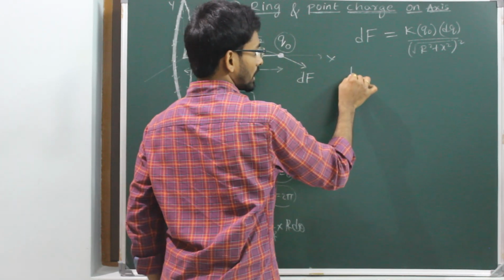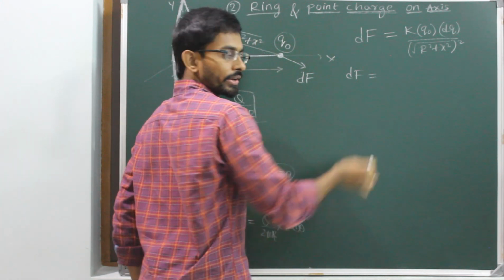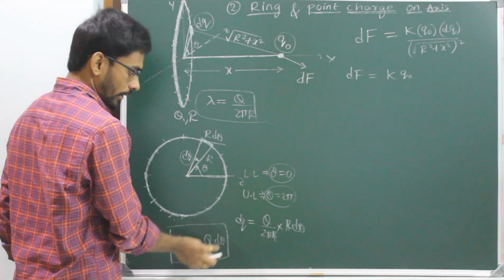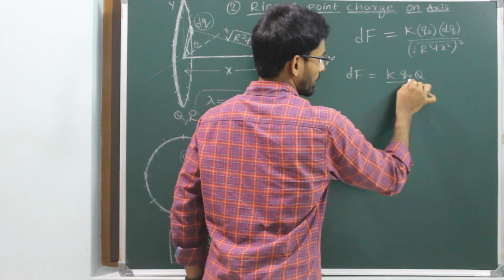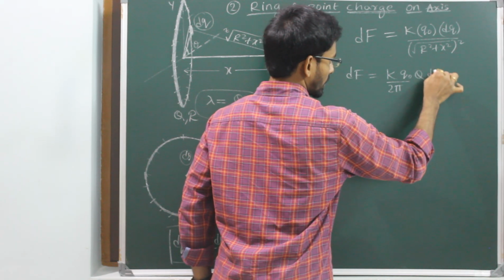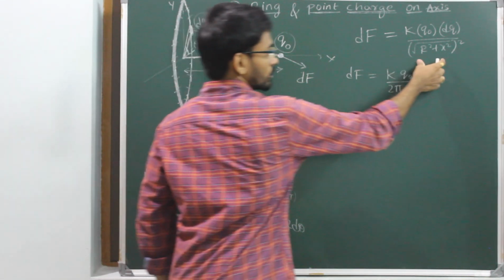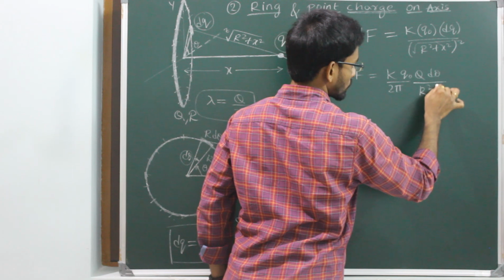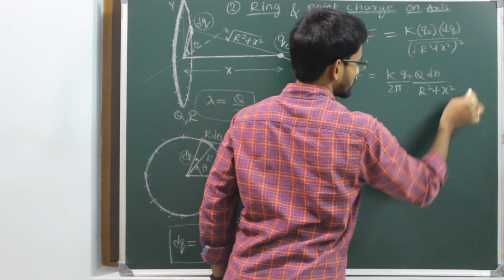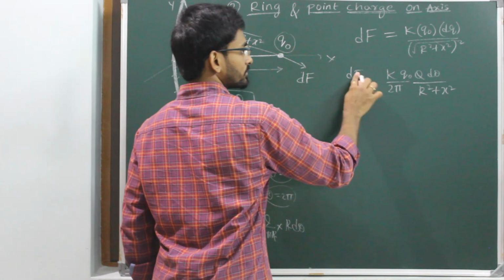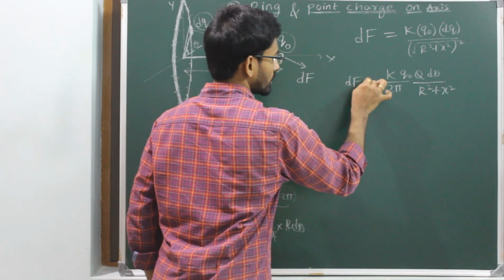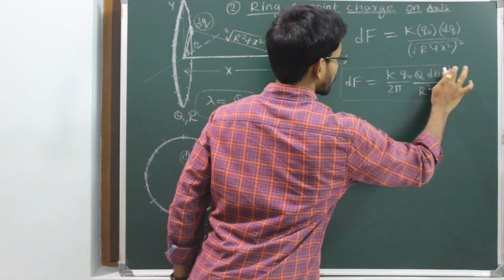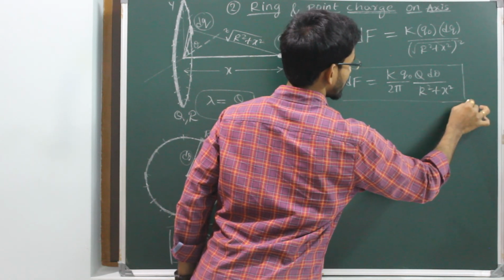If I substitute the values, I'll get dF as k into q naught into dq, which we can write as q by 2 pi into d theta, by the square. The square root and square get cancelled, so you get r square plus x square in the denominator. So this is the force, dF equals this one. So the fourth step, finding the force between the element and the point charge, is done.